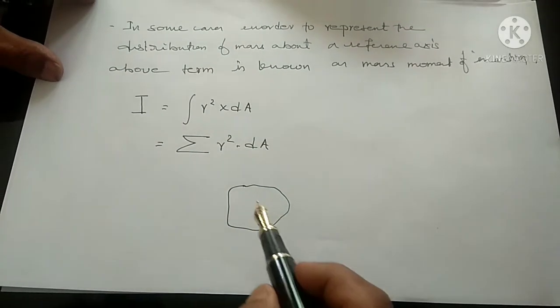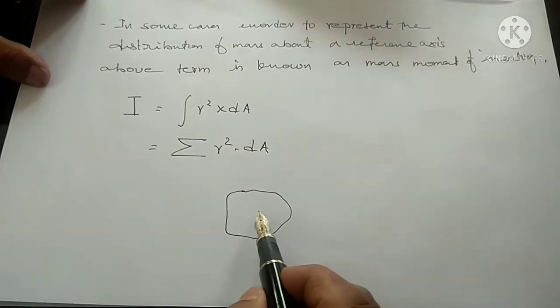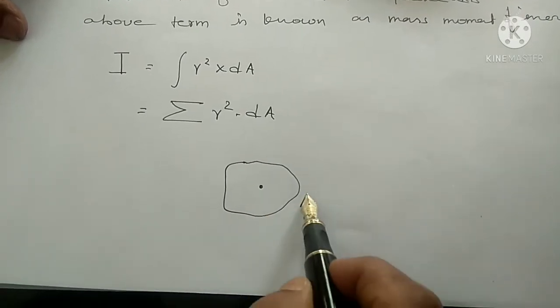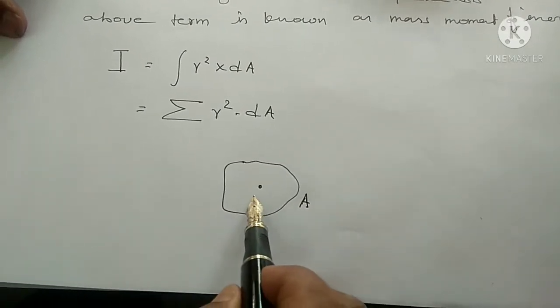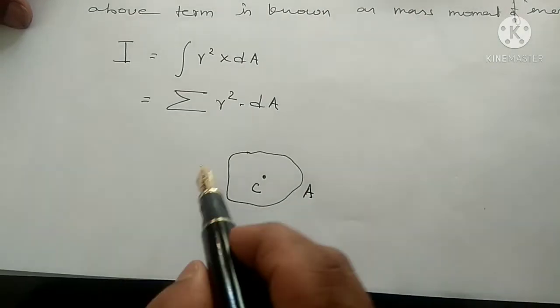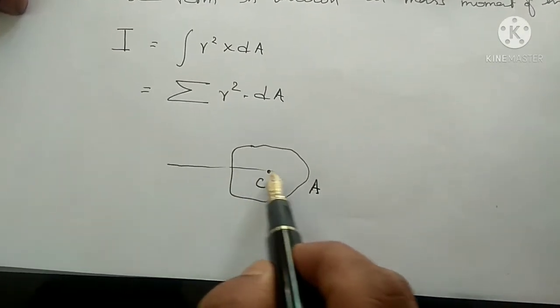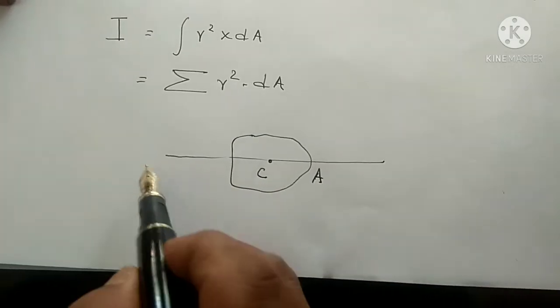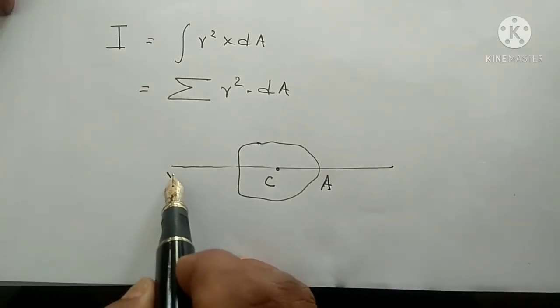Sometimes this reference axis may be some centroidal axis. Say this point is the centroid of this area A, so we can term this point as C. Then this is one of the axes passing through the centroid, say it is XX.